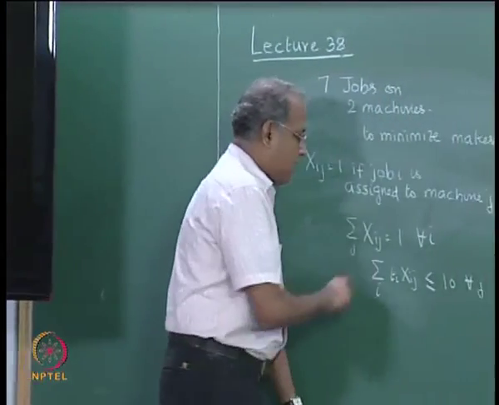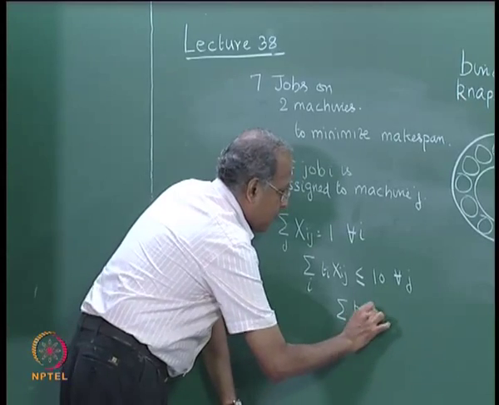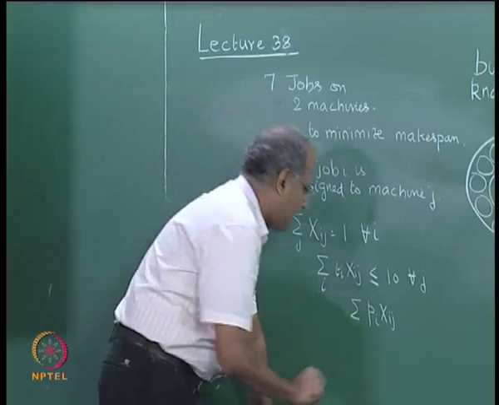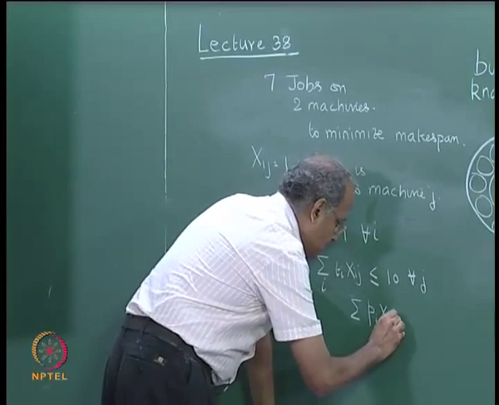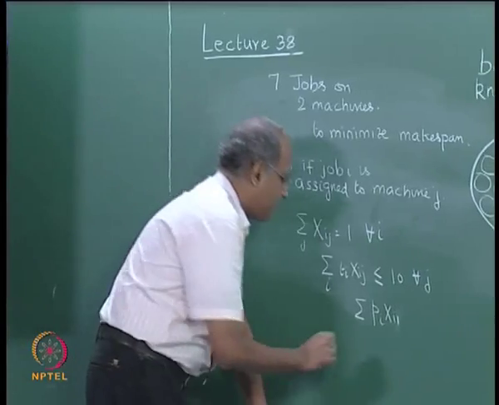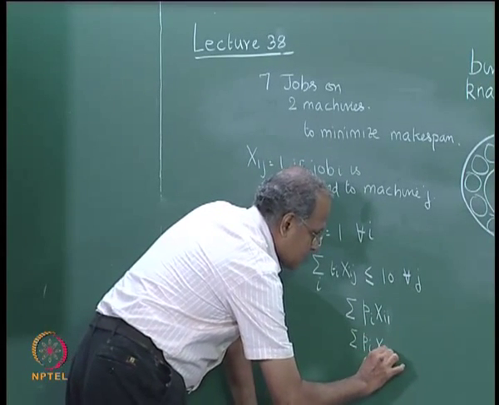Now the load on the first machine will be sigma Pi Xi1, and the load on the second machine will be sigma Pi Xi2.